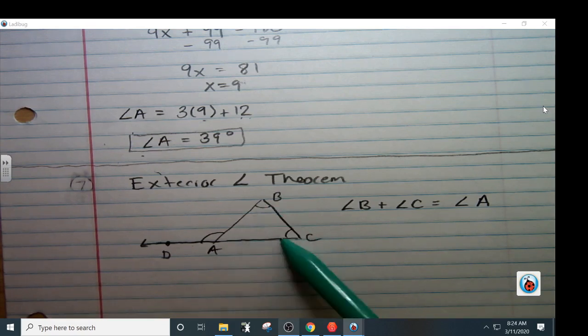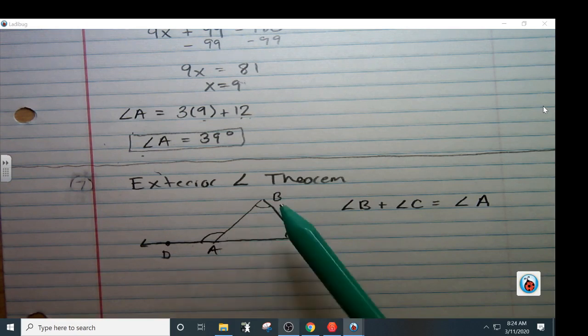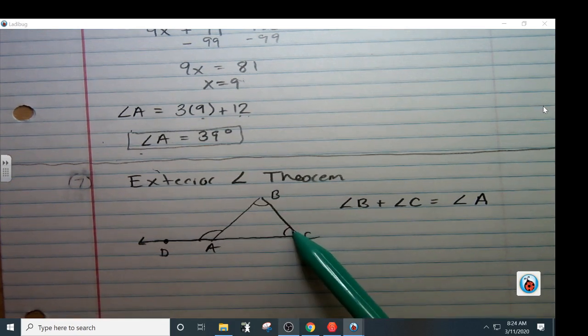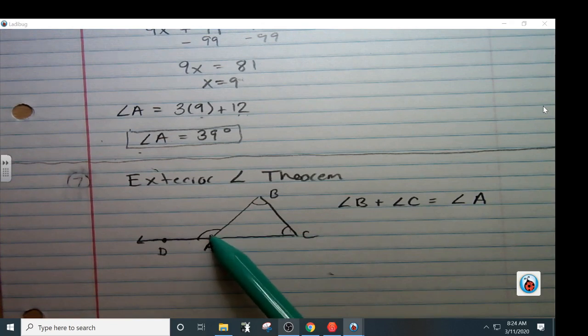These are non-adjacent because they're not set side by side. The sum of the two non-adjacent angles is equal to the measurement of the exterior angle. Okay.